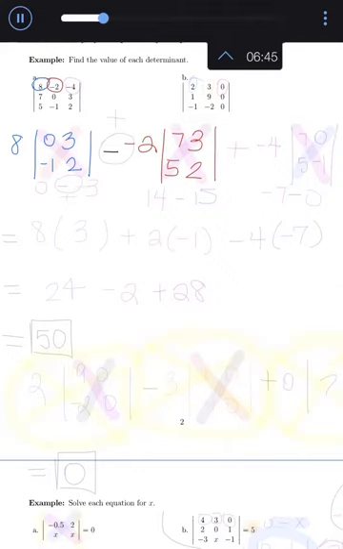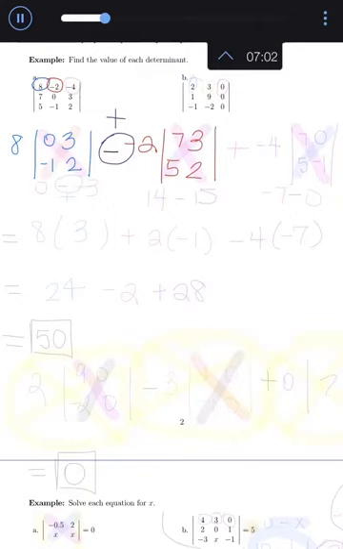Now notice something odd happens here, because we have a minus in front of that -2. That was our entry for the middle piece, so that will turn into a plus 2.